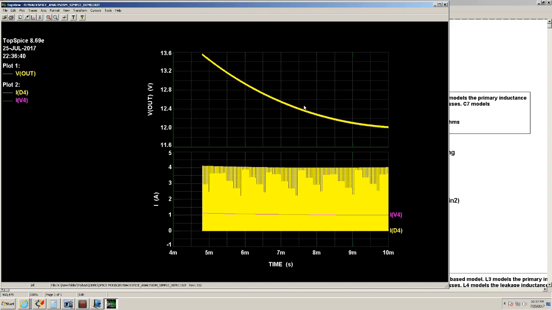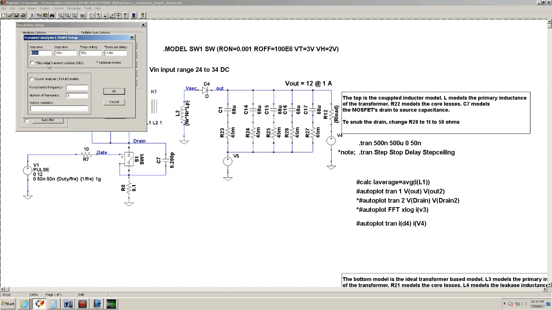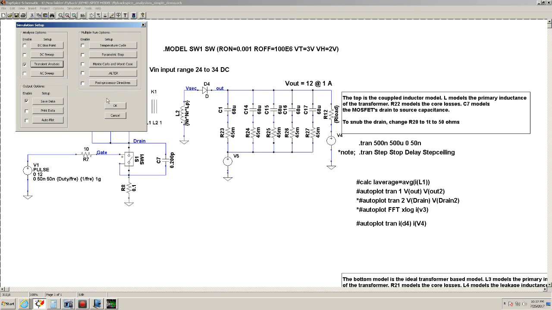Probably need to run it a little bit longer. Let's go 20 milli.